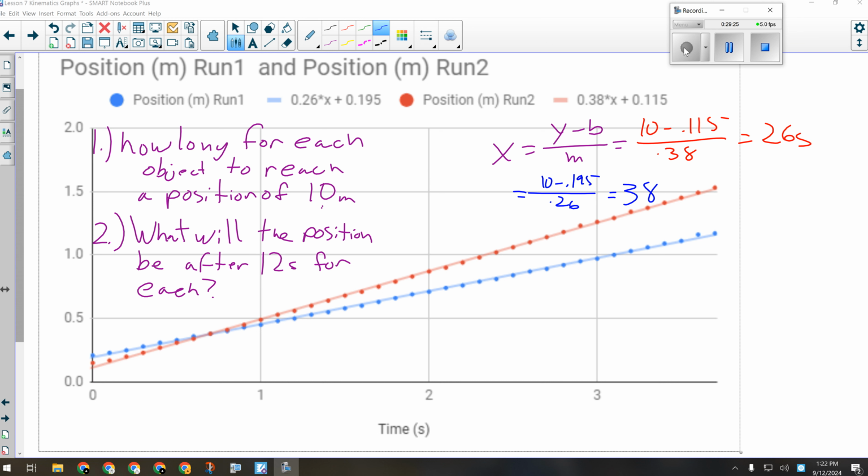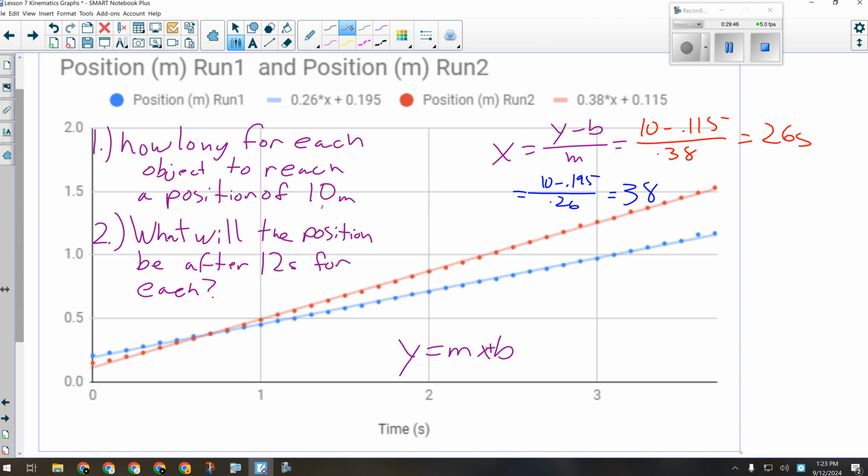For number two, we're looking for just the position. Position is on the y-axis. So for question number two, we are simply looking for y. So we just plug in numbers. Y equals mx plus b. For our red one, we were looking for 12 seconds here.